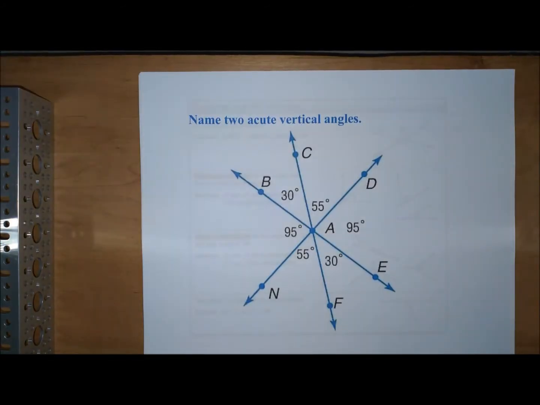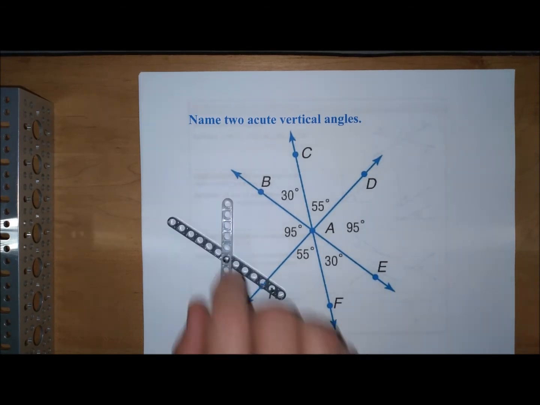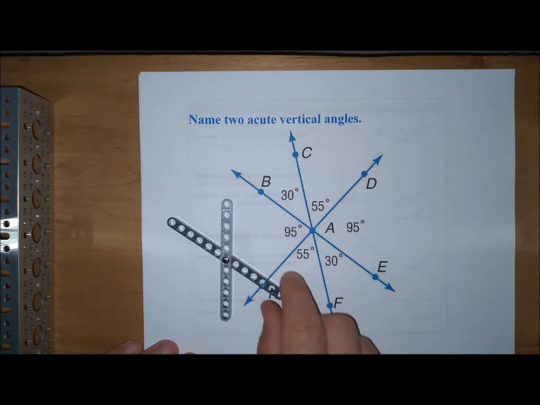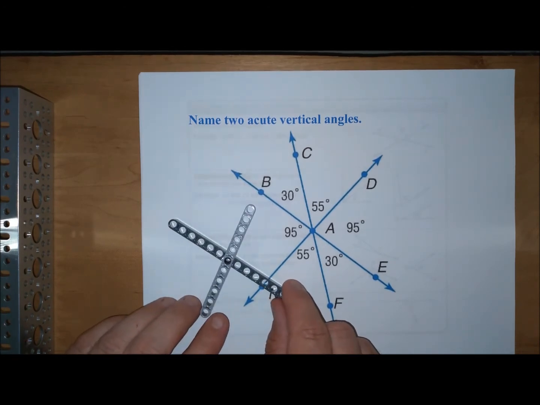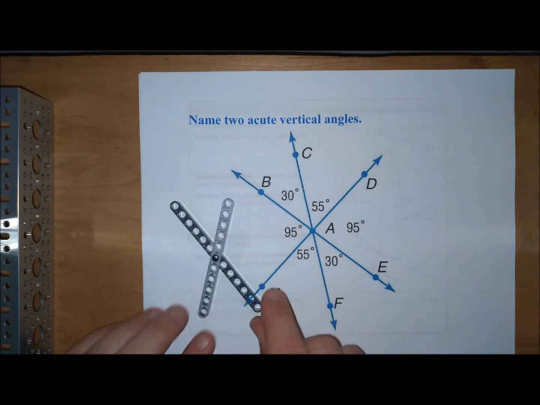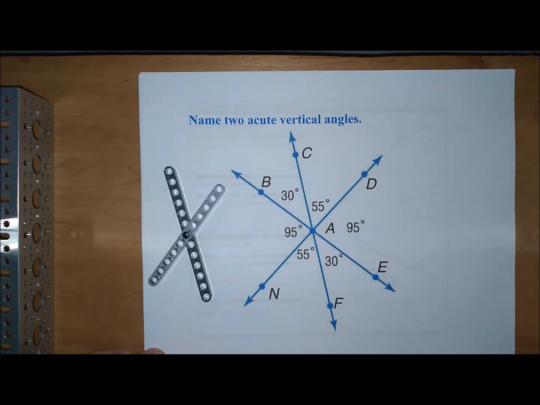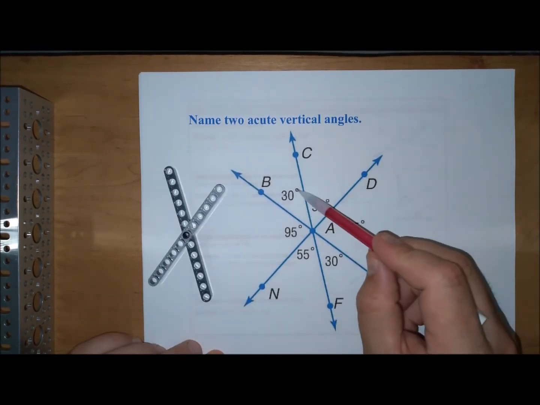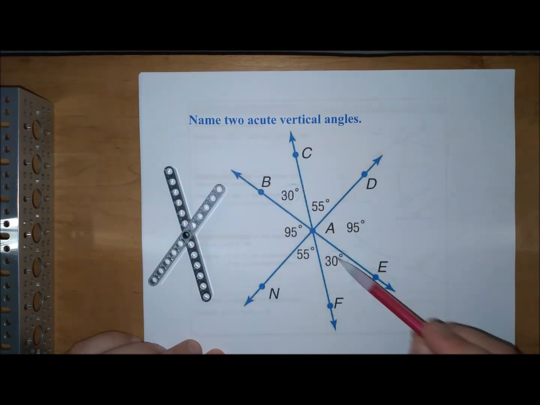Here, could we name two acute vertical angles? I see two pairs of acute vertical angles we could name. Remember, vertical angles are like our Legos, right? They're formed when two straight lines cross. And that's why we end up with that condition where the vertical angles are congruent. That's why we have this condition here, 30 and 30.